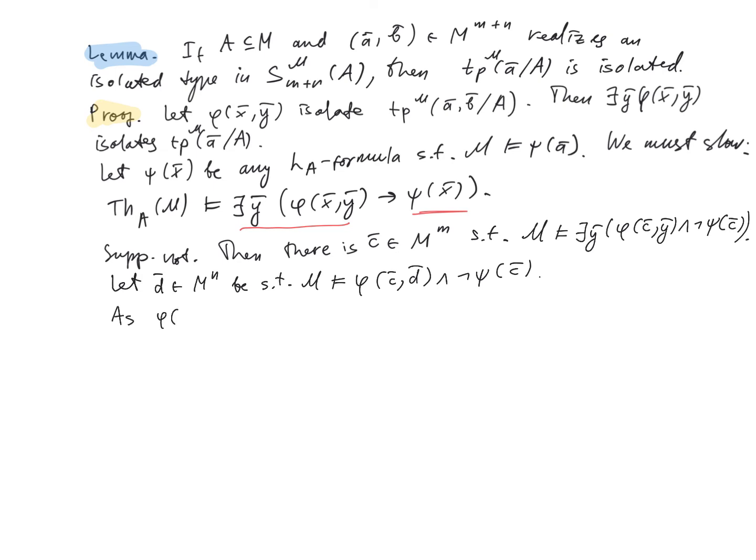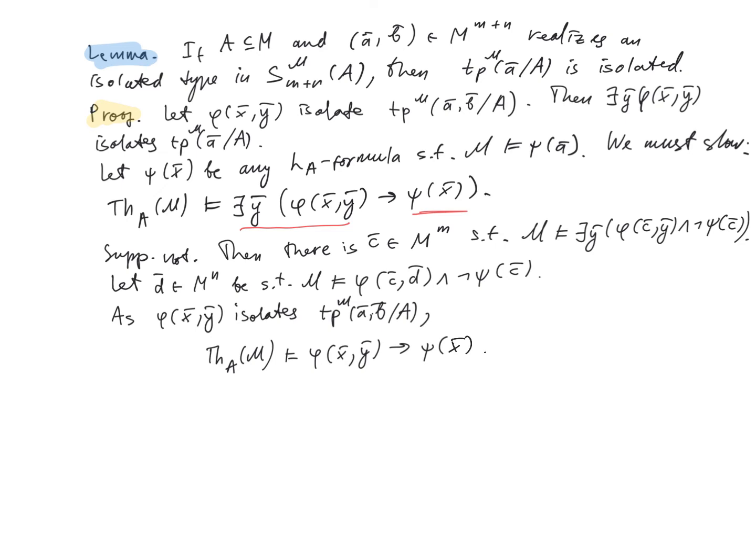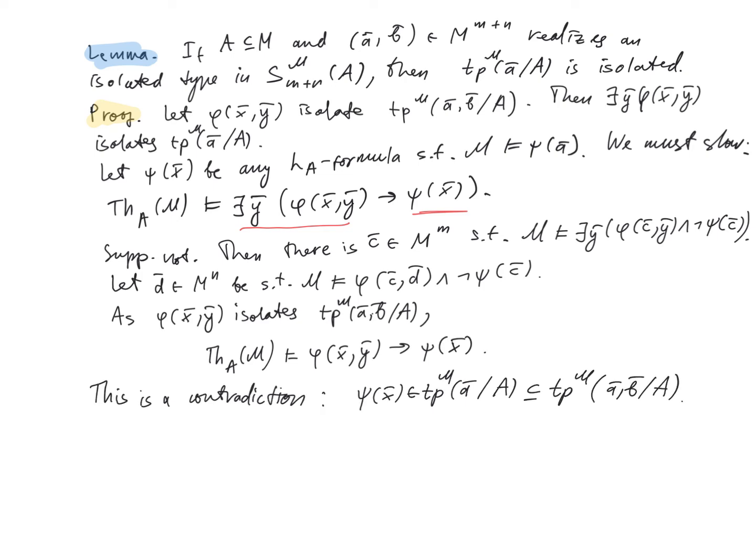By assumption, phi of x bar y bar isolates the type of a bar b bar over A. So we have then that the A-theory of M implies phi of x bar y bar implies psi of x bar, but this is a contradiction because we have that psi of x bar belongs to the type of a bar over A, which is contained in the type of a bar b bar over A as a set of formulas.